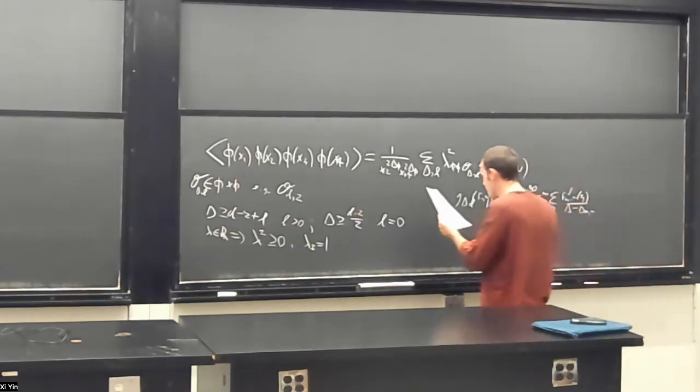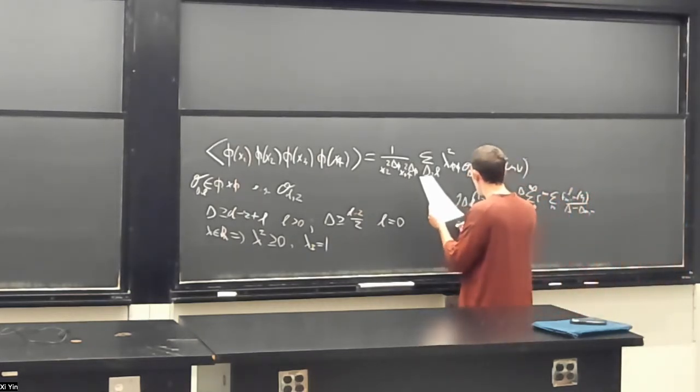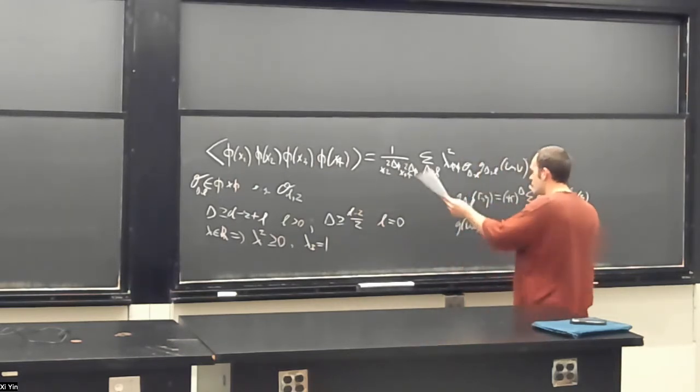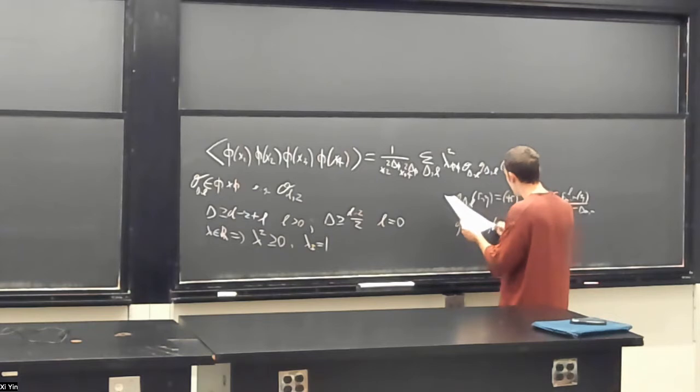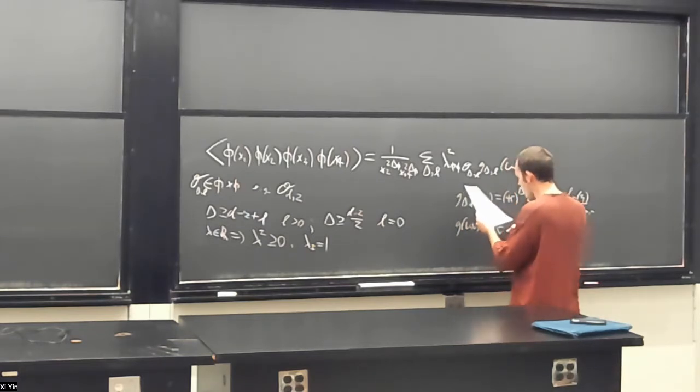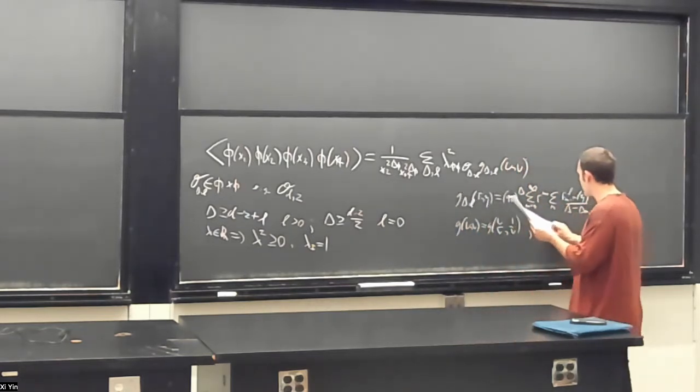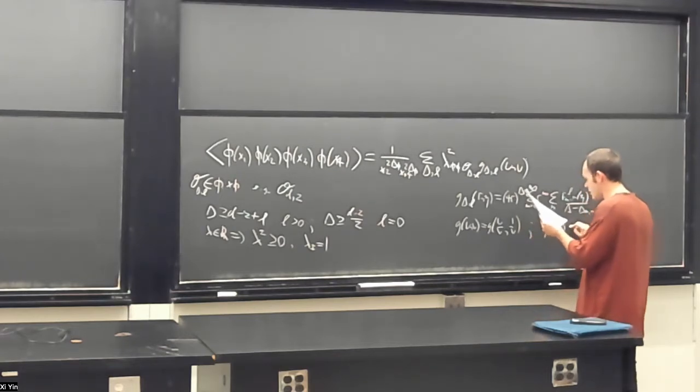Lastly, and most importantly, as we discussed in the very first lecture, this 4-point function satisfies what are called crossing relations, which has to do with the fact that you could rearrange the operators on the left-hand side. One crossing equation is written as such. The other crossing equation is written like this.